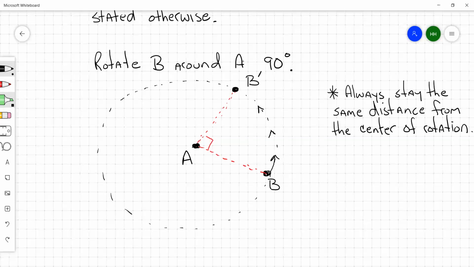If we rotated B 180 degrees around A, it would end up over here, wouldn't it? Right here. This would be B double prime. This would be a 180-degree rotation.